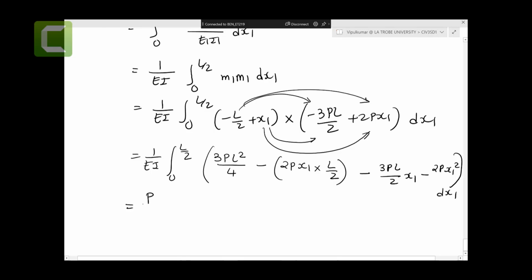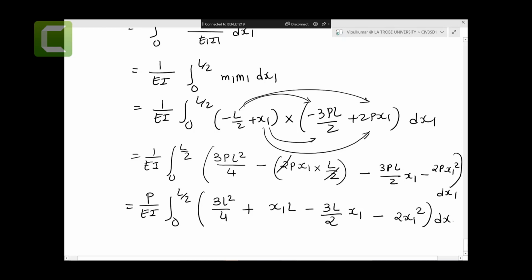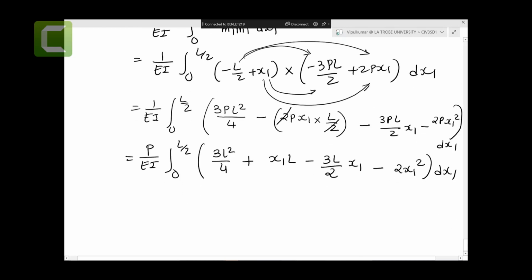We can take the P out. 3L square on 4. This cancels. x1 L, 3L by 2 x1, minus 2 x1 square. These are like terms. 3L square on 4.